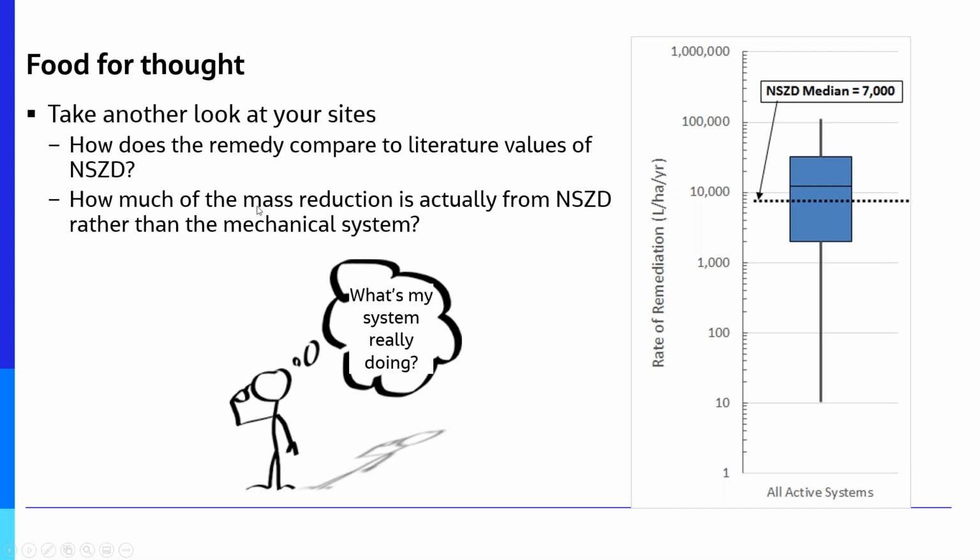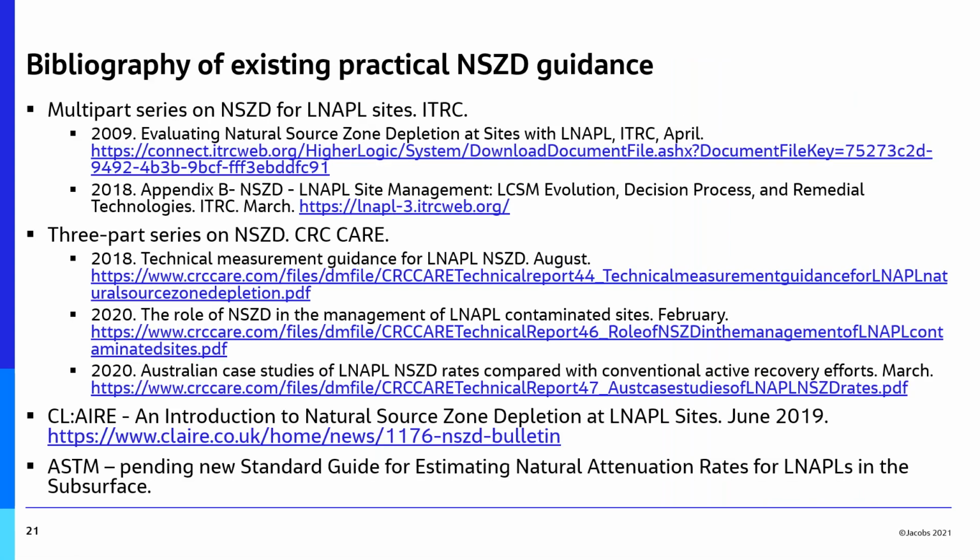So just use that number. And if you see that NSZD is actually doing quite a bit more, then boy, that changes fundamentally your understanding, where maybe you do have some nice reductions in groundwater concentrations, et cetera. I'm guessing a lot of that was done by natural source zone depletion and not necessarily by your mechanical system.